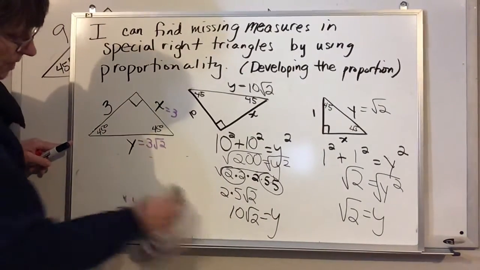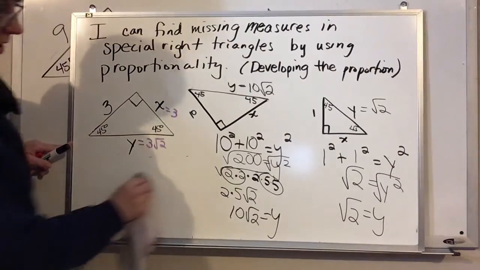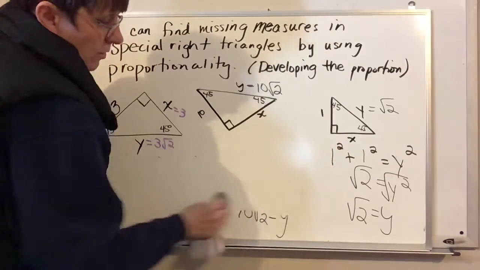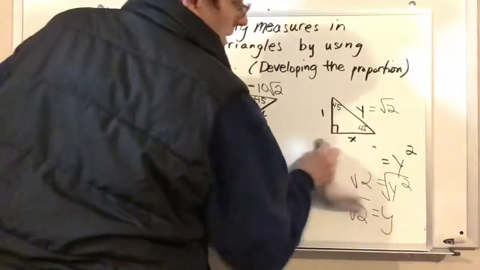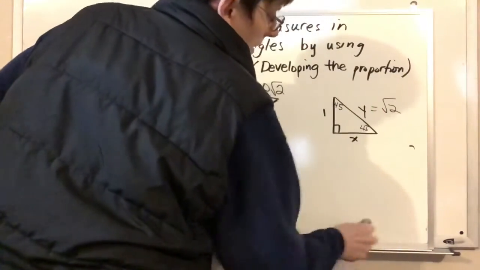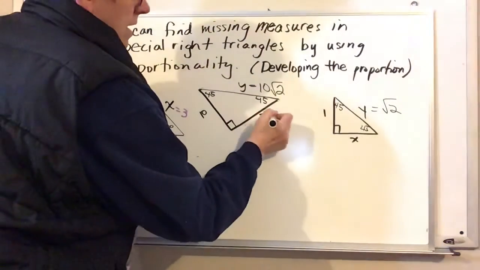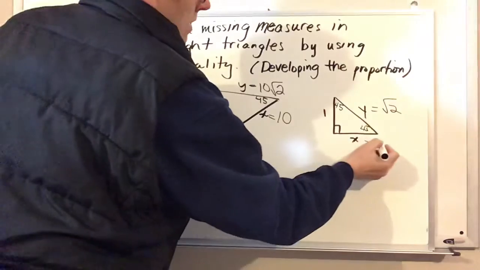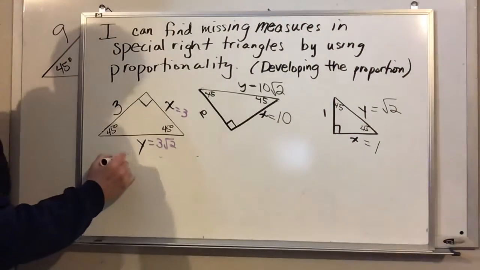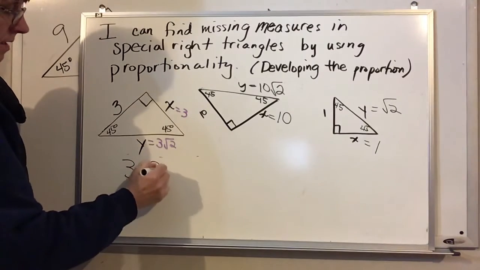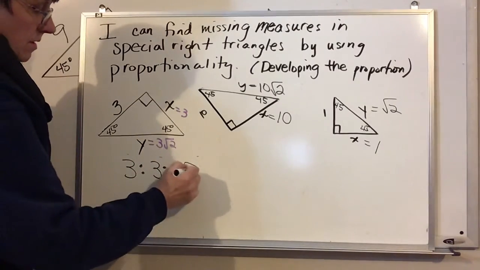So what I'm going to do is set up ratios that compare leg to hypotenuse in all of these. Leg to hypotenuse. This leg ended up being 10, and this leg ended up being 1. So leg to hypotenuse.